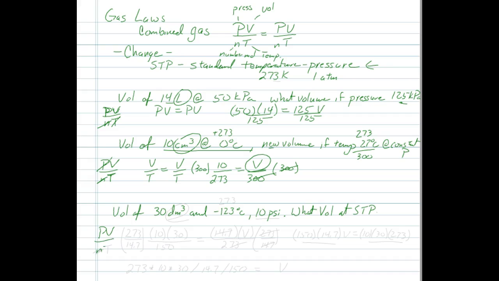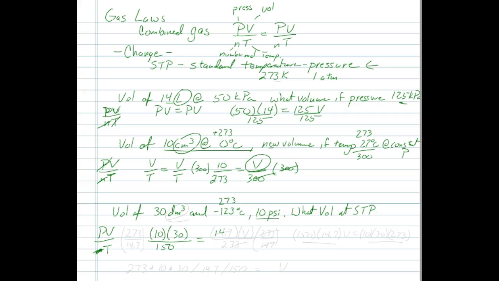PV over NT: the pressure we're talking about, the volume we're talking about, the number of moles is not in there, and the temperature. So the pressure is 10 psi, the volume is 30, divided by 273 minus 123, which means it is 150 Kelvin. You always have to change to Kelvin. It equals standard pressure. Well, it's 1 atmosphere, but we don't have atmospheres, we have psi.